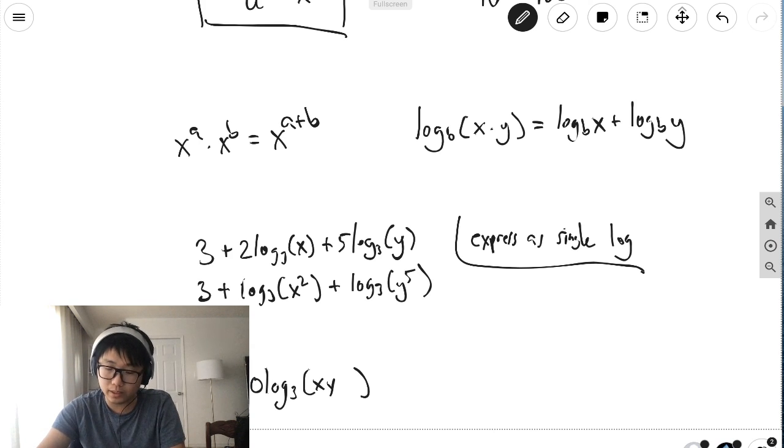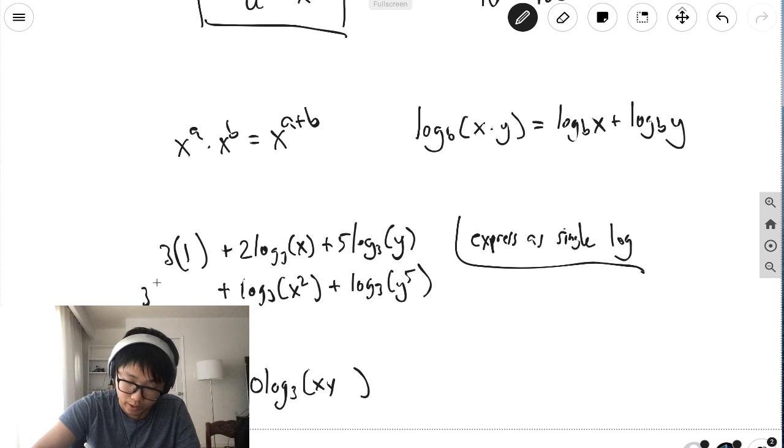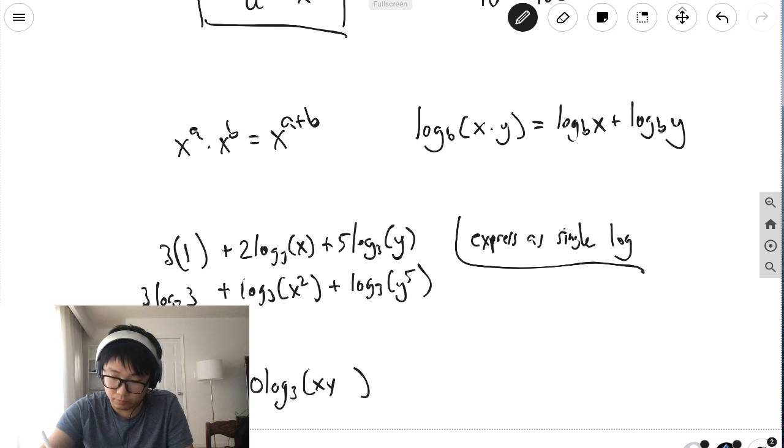But let's go one step further. Why not include the 3 in there? Because 3 is almost like saying 3 times 1, right? And 1 is just log base 3 of 3. So we can do the same thing and bring the 3 up.